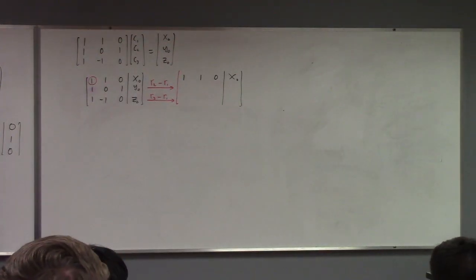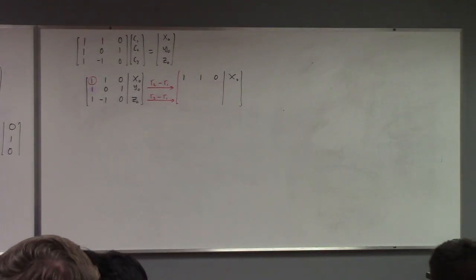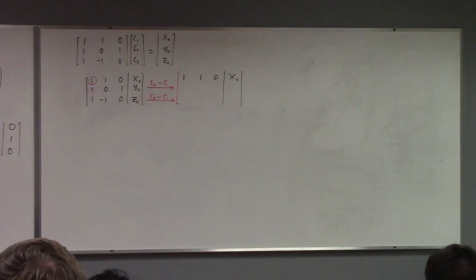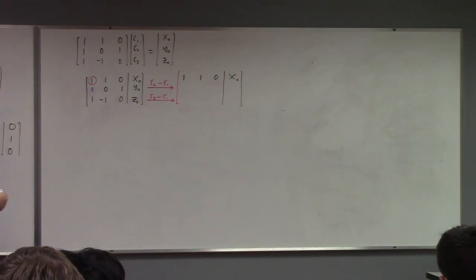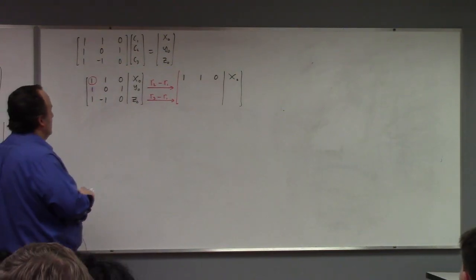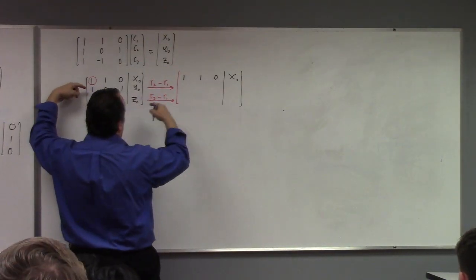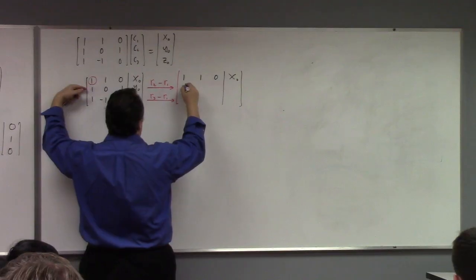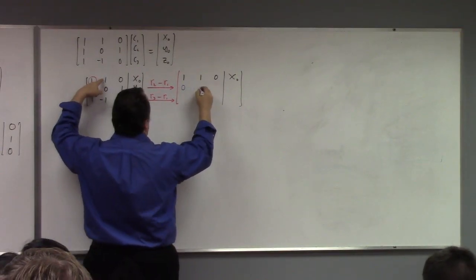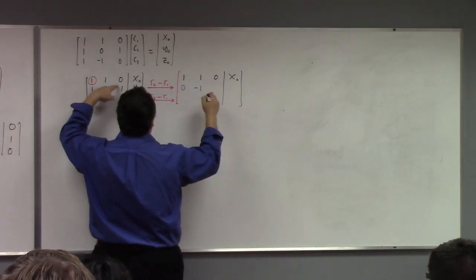What we're doing right now is called the auxiliary coefficient matrix. It's a simple notation for writing down a system of equations without writing the variables. As I subtract the coefficients, row 2 minus row 1: 1 minus 1 is 0, 0 minus 1 is minus 1, 1 minus 0 is 1.